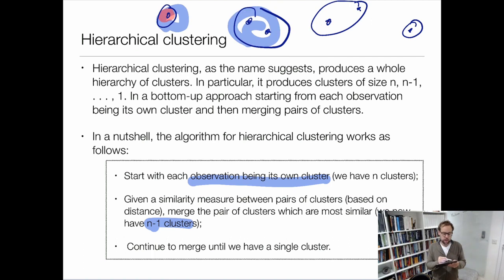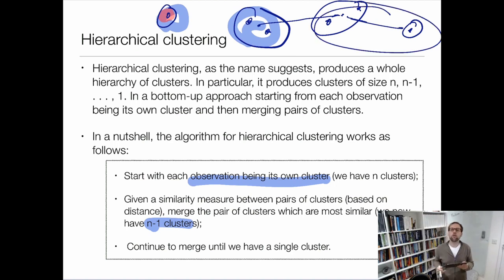Whereas if I defined it as the distance between centroids, then potentially this distance here might be larger than this distance, in which case I would have joined those 2 data points. So which ones I join depends a little bit on the distance measure.